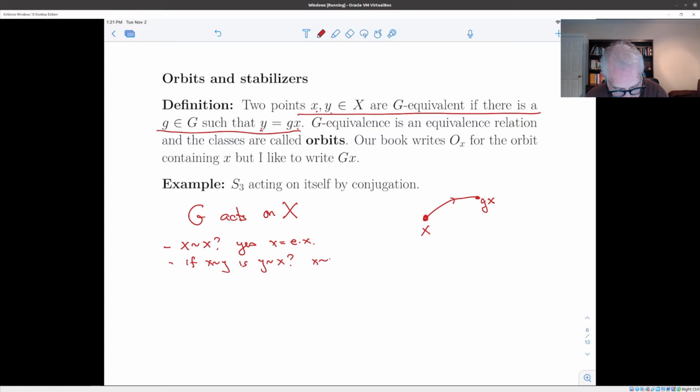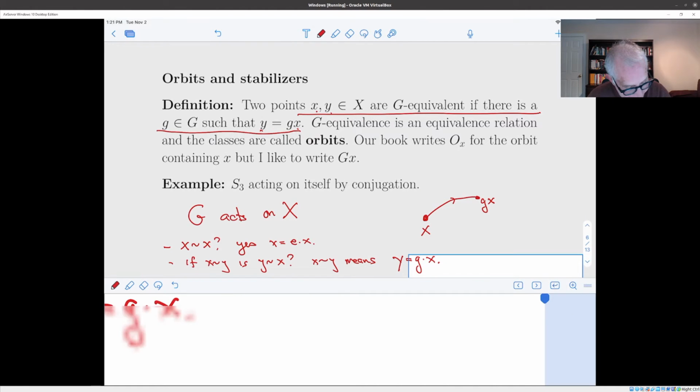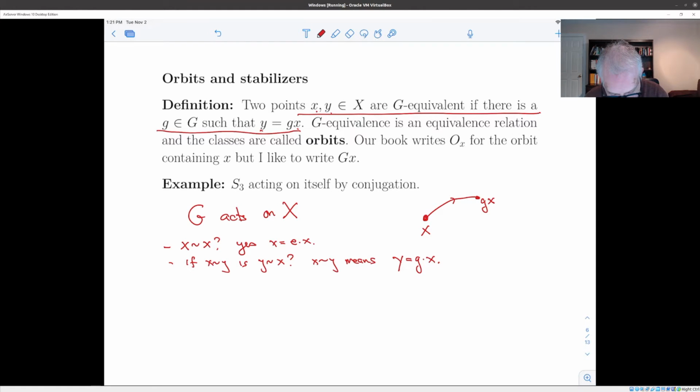X equivalent to Y means that Y is G times X. But if Y is G times X, multiply both sides of this equation by G inverse, and you get G inverse Y equals G inverse GX. But this is the identity times X, which is X. So if X is equivalent to Y, remember the equivalence just means there's some G so that Y is GX. And if there's a G so that Y is GX, there's another G so that X is GY. It just happens to be the inverse. So it's symmetric.